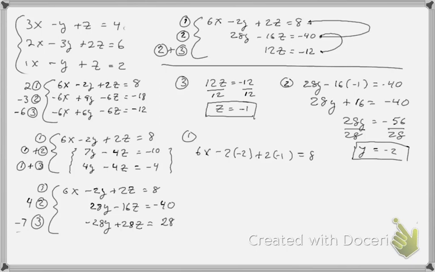Simplifying on the left-hand side, I'll have 6x plus 2 has to equal 8. Subtracting 2 from both sides, I'll get 6x is equal to 6. And finally, dividing by 6, x is equal to 1. And at this point, I know the values of x, y, and z, so I can write my ordered triple as 1, negative 2, negative 1.